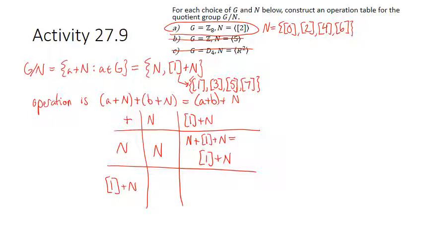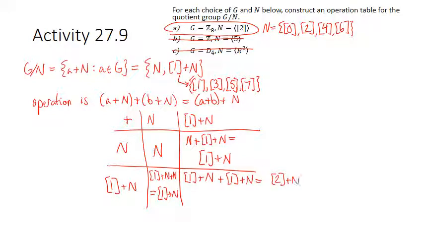And if I do it the other way around, 1 plus n plus n, this group is abelian, so it really doesn't matter what order you do it in. This is just going to give you 1 plus n again. And then since we know this is a group, and Sudoku rules still apply to group operation tables, we know this has to be n. But hopefully you also understand that you can see that by doing 1 plus n, and then 1 plus n again, that would actually give you 2 plus n.